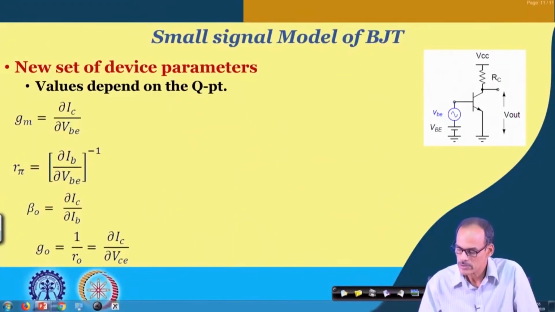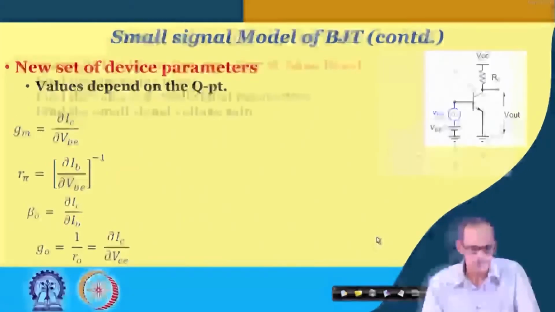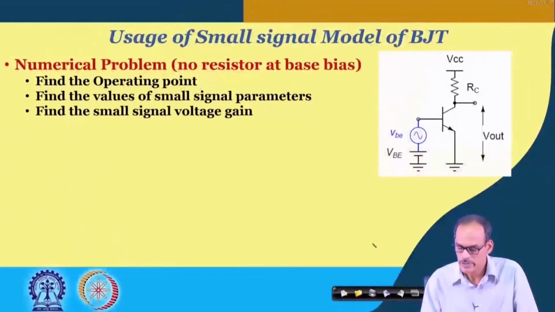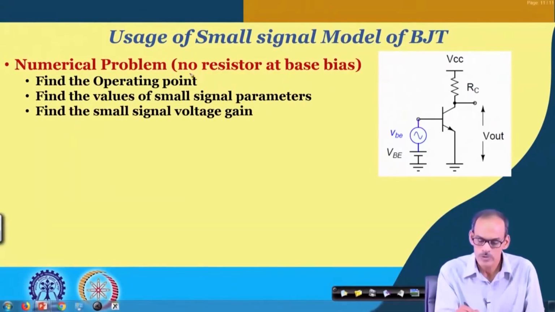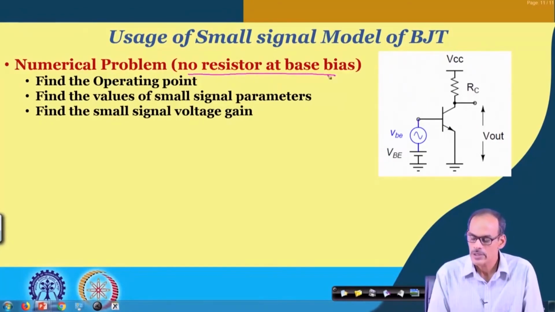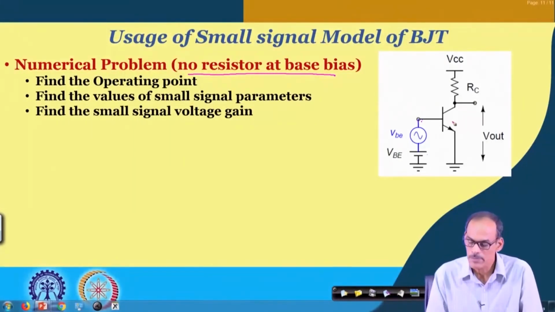In this numerical example, we have the same basic circuit. The main thing is that at this bias we do not have any resistance, so directly the voltage you are applying, both the bias as well as the signal, goes to the base. That makes the circuit simple.